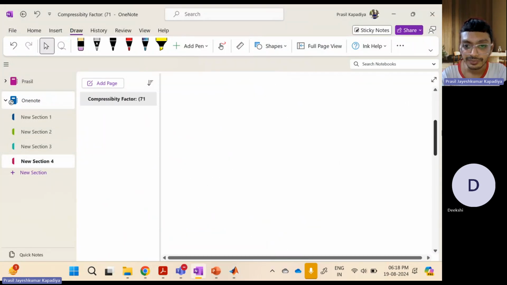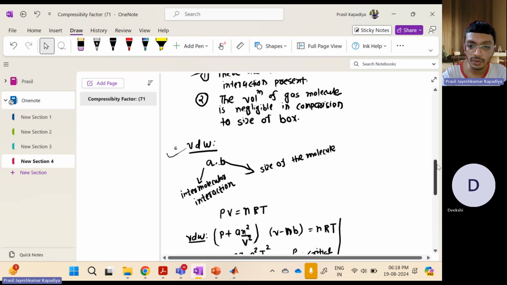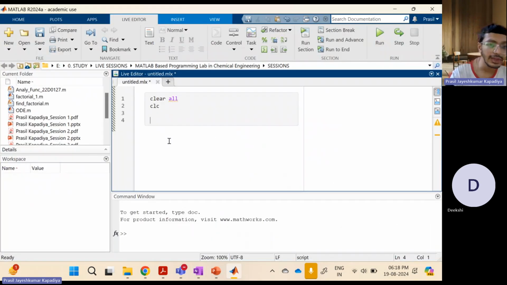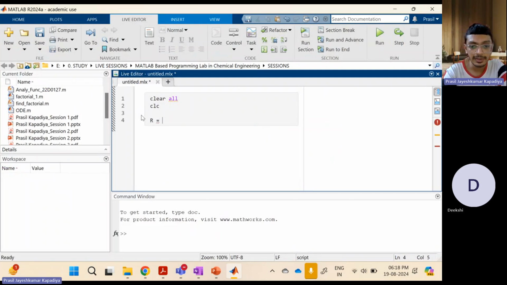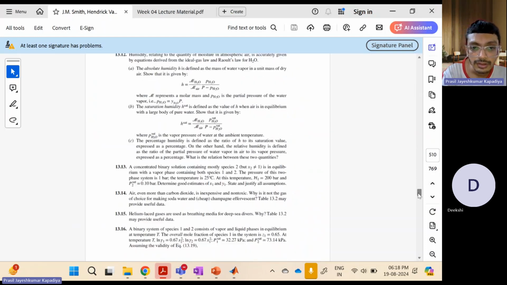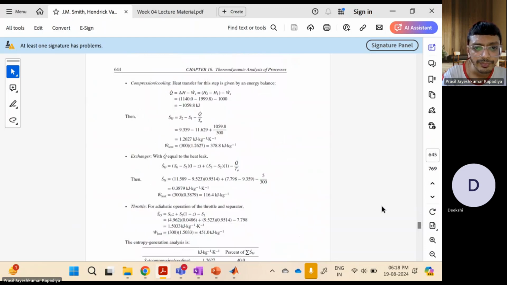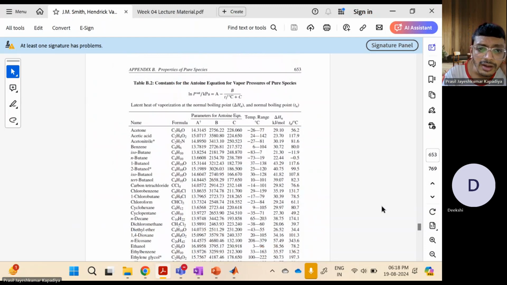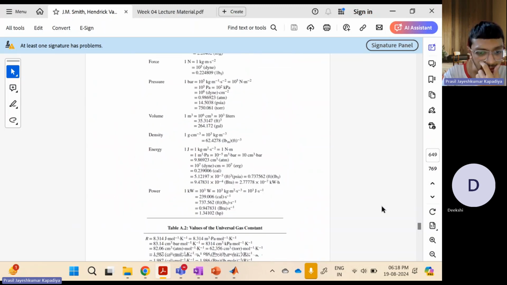From this equation, first of all, let's define the universal gas constant R. Let's see from this book, the value of R. Just a minute. Yes, here it's given.